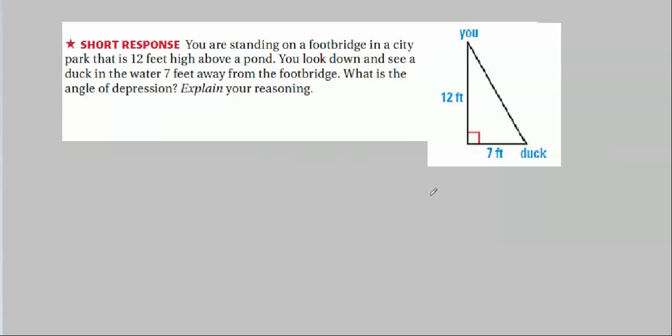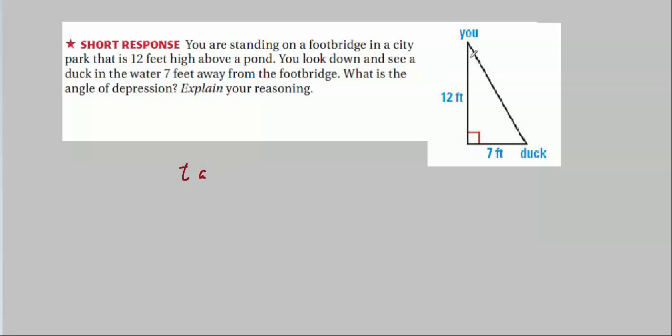All we have to do to find this angle here is take the tangent of 7 over 12. It's pretty easy. Well, pardon me, the arc tangent. The tangent of 7 over 12. Pardon me, the tangent of this angle would be 7 over 12.